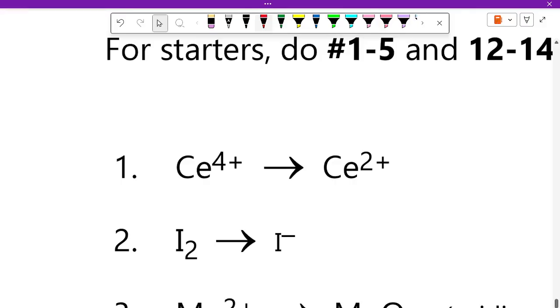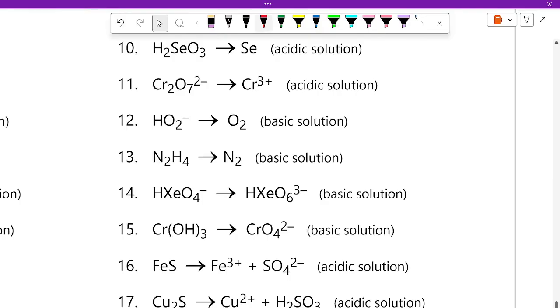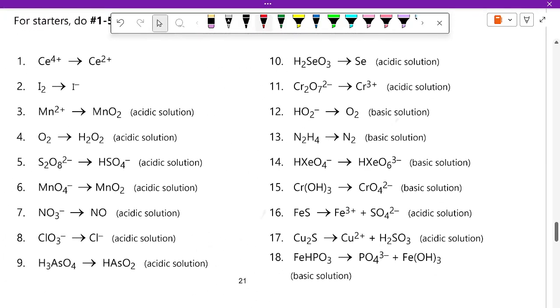There's no oxygen. There's no hydrogen. All you're going to need is electrons. So is it going to be acidic, basic, or neutral? Neutral, okay? And then over on the right-hand side, there's a whole bunch that are in basic, so you can try those as well. So do a mixture of those, but we're not going to do it now.